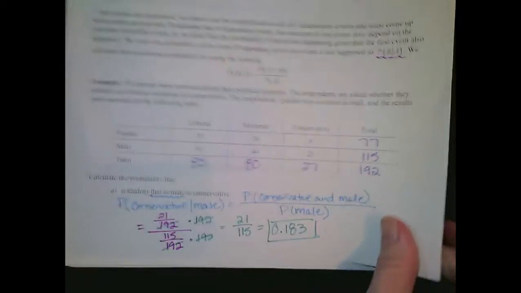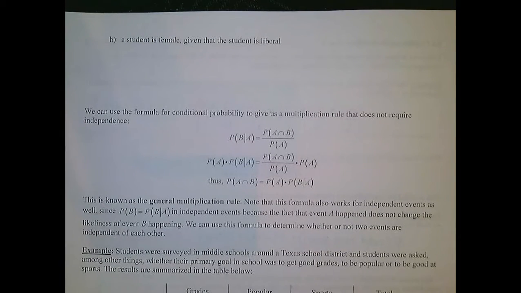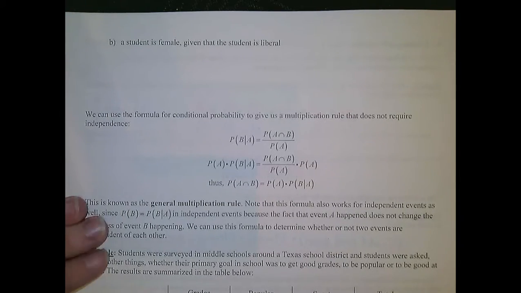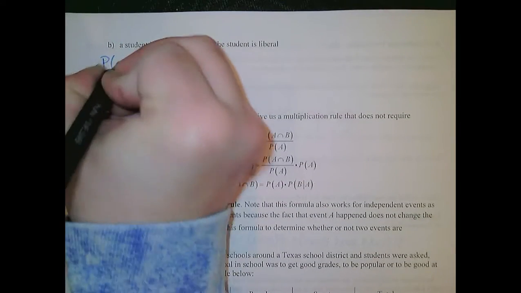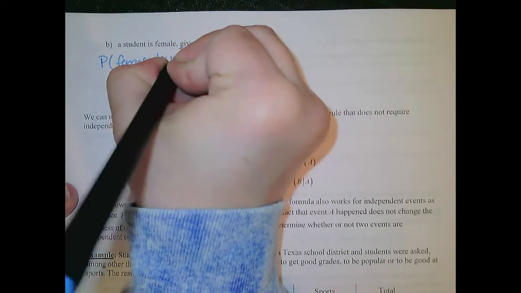So let's go ahead and take a look at another one using this information. Question B wants to know, what is the probability that a student is female given that the student is liberal? So again, we're putting this condition on it. We want to know, what is the probability that a student is female given that we know the student selected liberal?